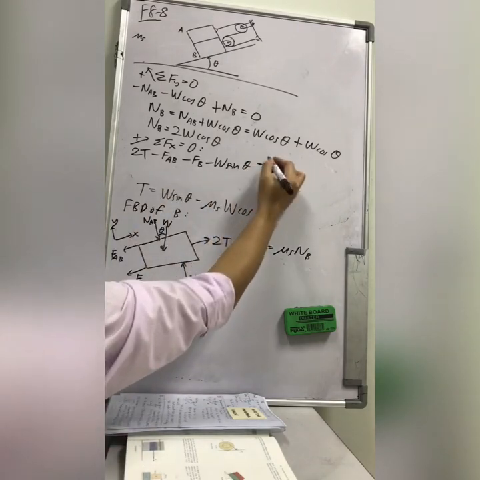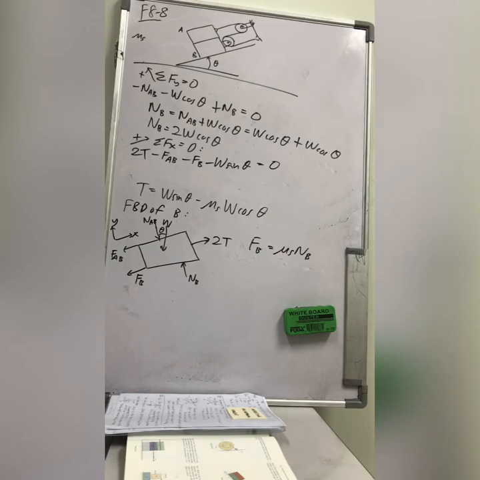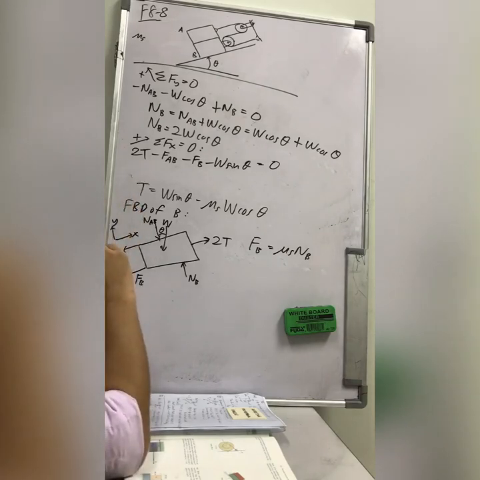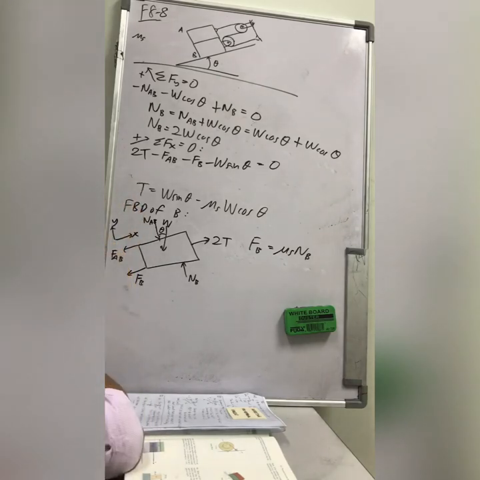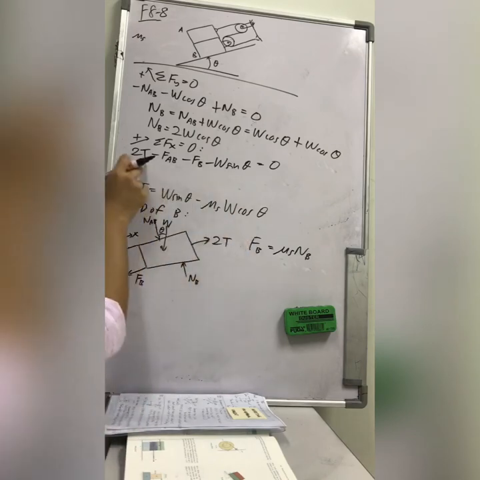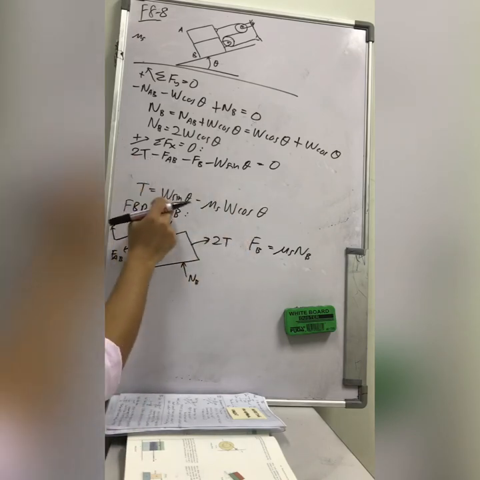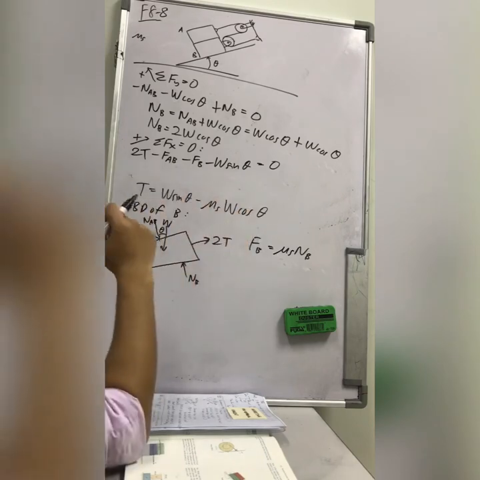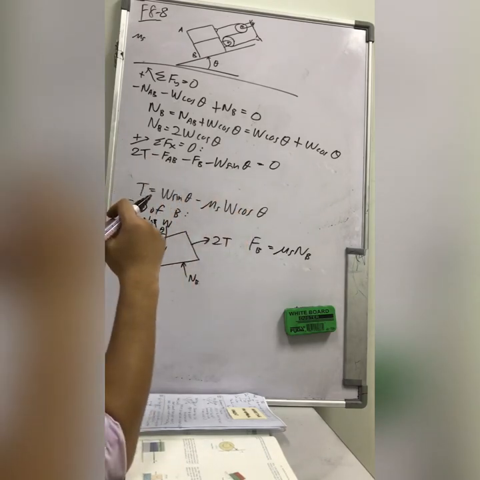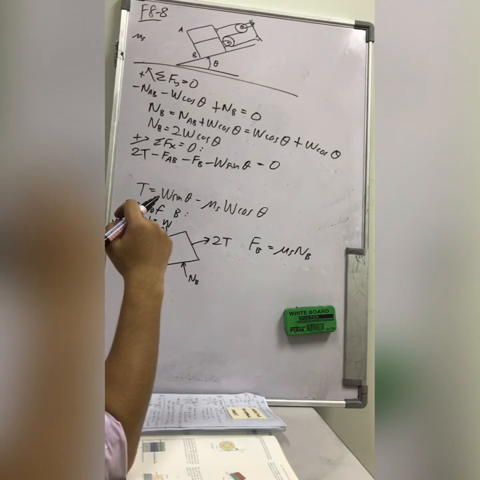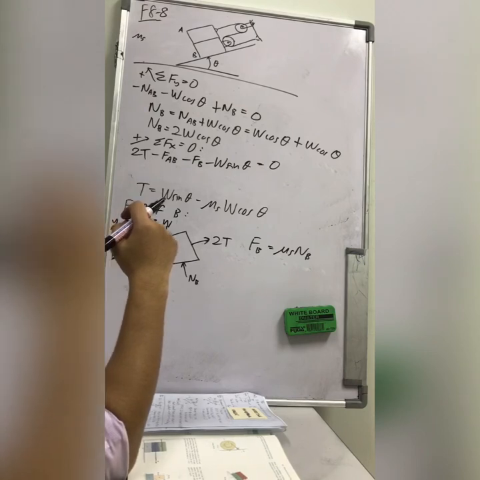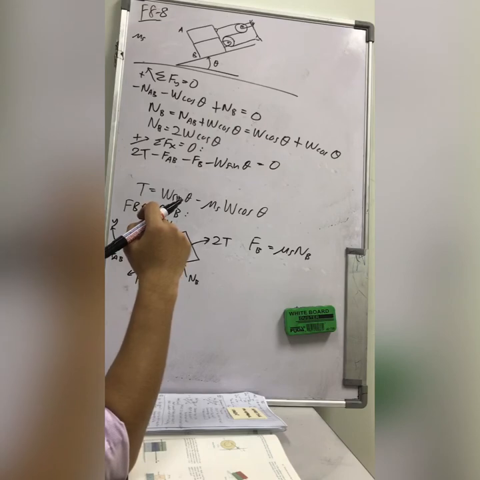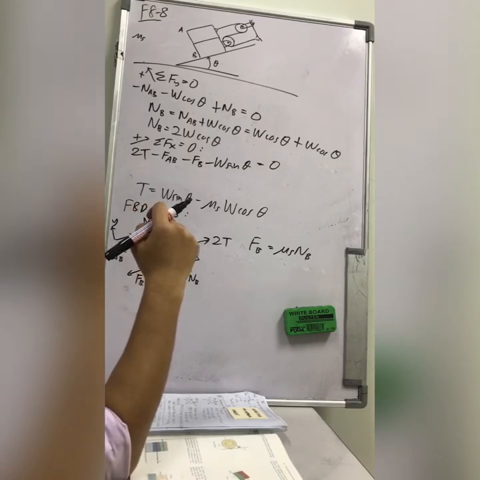So 2T minus F_B minus F_AB minus W sine theta equals 0. You realize that you have T from before, right? So we will put this T into this. So you'll have W, mu_S, and theta, and then you have your F_AB from before, mu_S N_AB, and then your F_B as well, mu_S N_B.